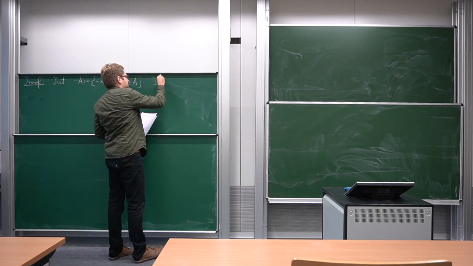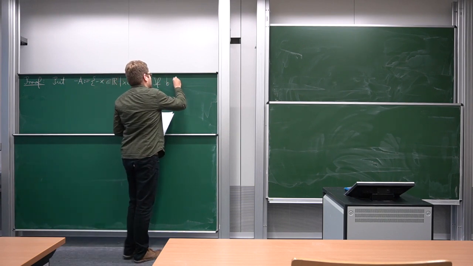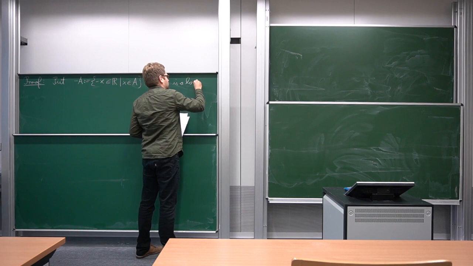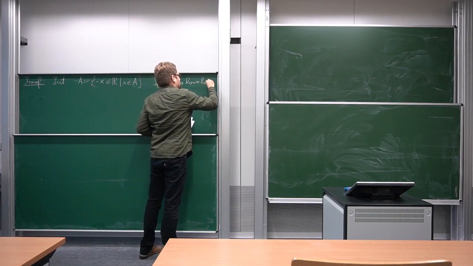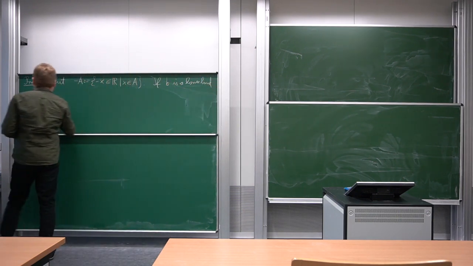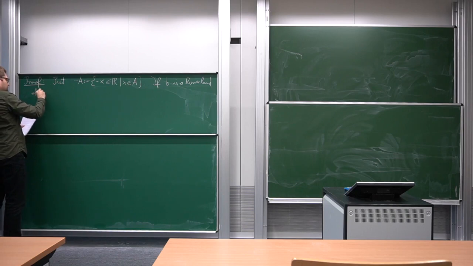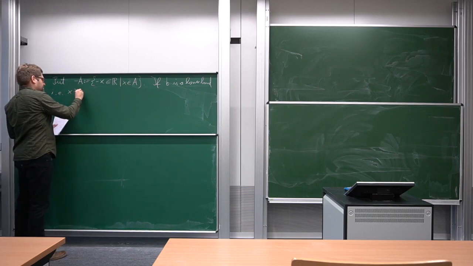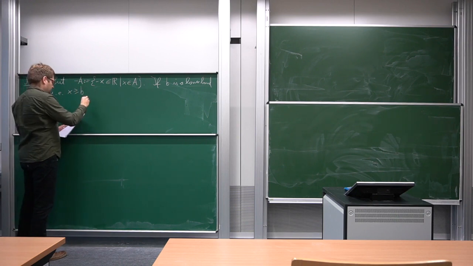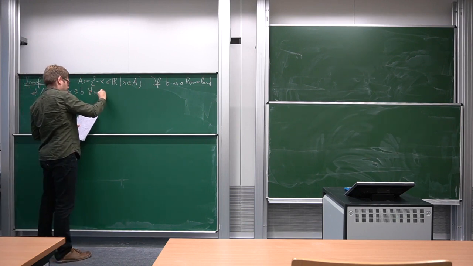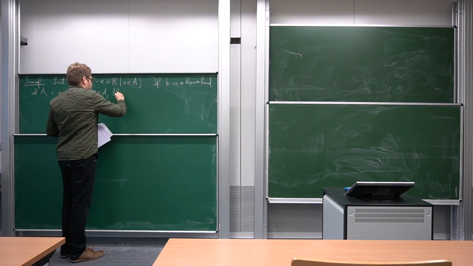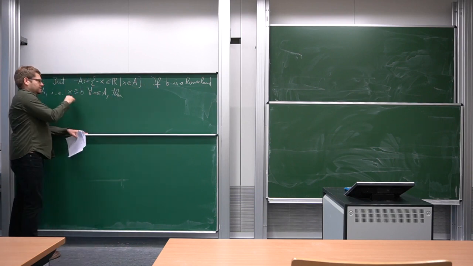So this has a nice consequence. If b is a lower bound of A, which means that x is bigger than or equal to b for all x in A, then we know that putting a minus sign in front of both things flips the direction of the inequality.